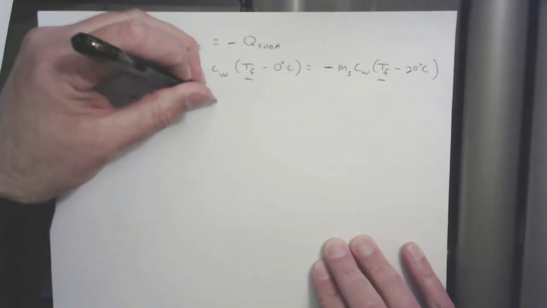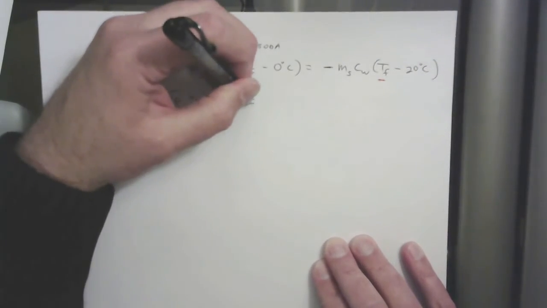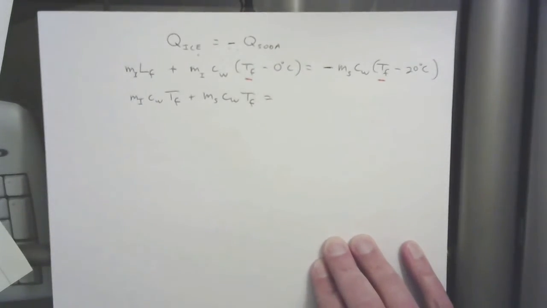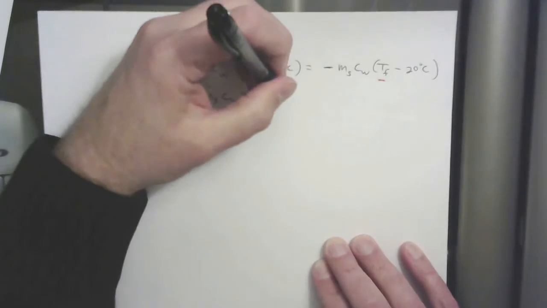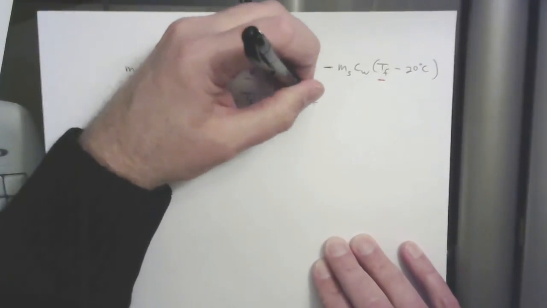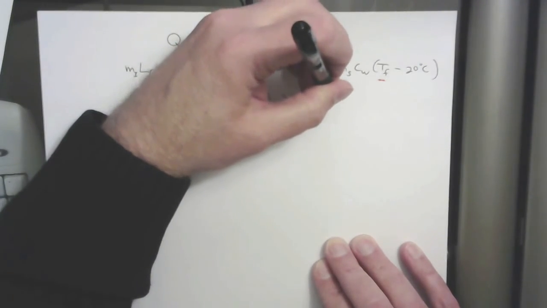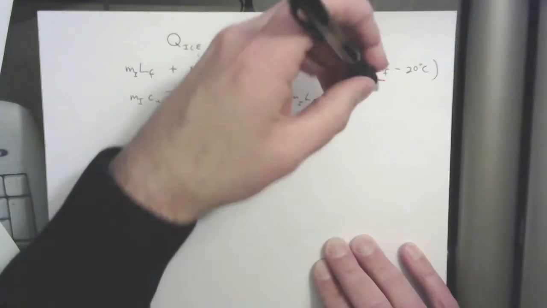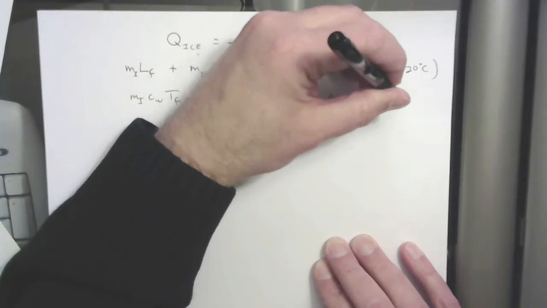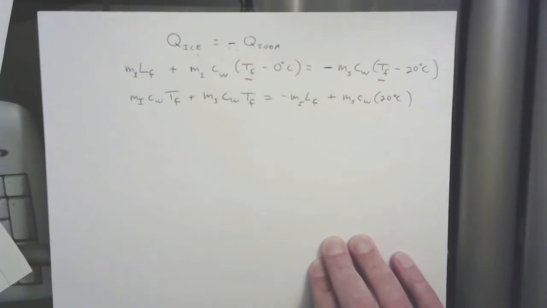So mass in soda, the specific heat of water times T sub F. And it's positive because it was negative over there. And then let's subtract a negative MILF from here. There's two negatives, negative there. So plus MSCW times 20 Celsius. Maybe we should have invented a variable for that for compactness, but I didn't.